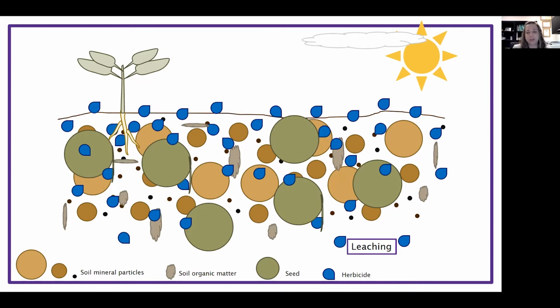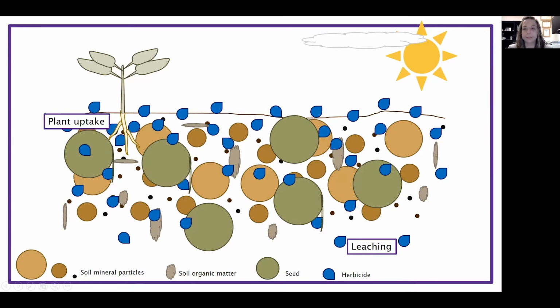So it's going to be washed away and leave the site. Leaching is generally considered to be a negative thing, right? This is why a lot of our herbicide labels have restrictions in terms of the soil series on which they can be used, and concerns about groundwater issues.